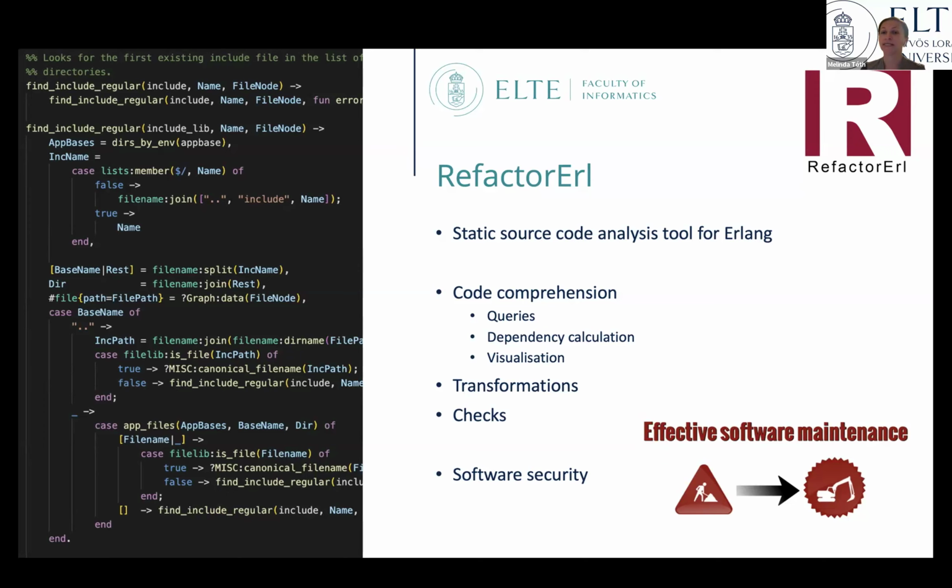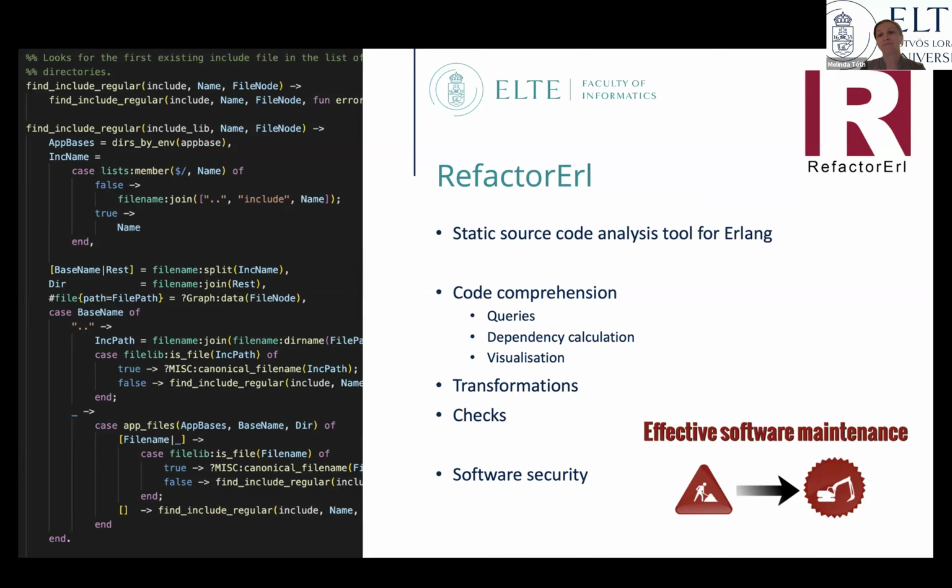among source code components. From the name, you can deduce that the tool was originally designed for refactorings. So we have lots of transformations that we offer for the developers. And in the last years, we have been focusing on checking different properties of the source code.